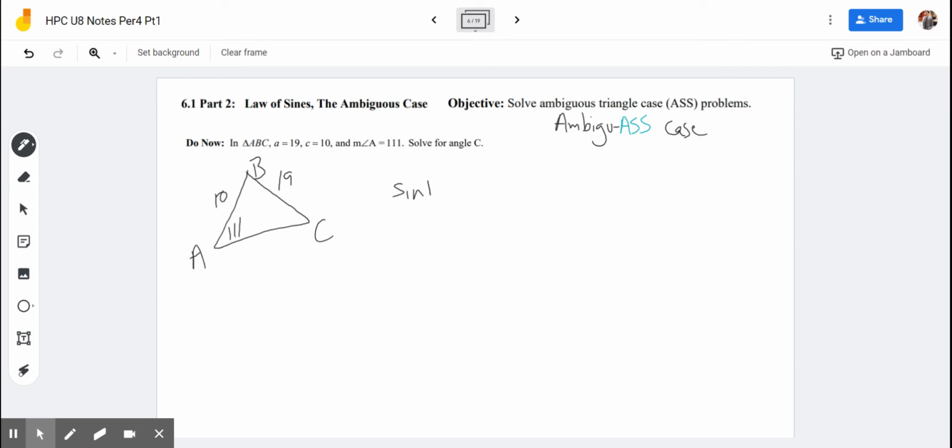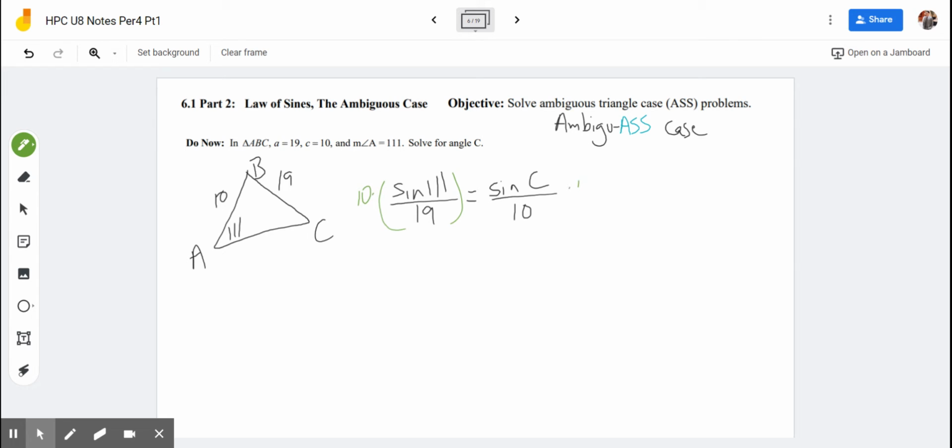If you're looking at it, you're like, well, it doesn't look that much different. Sine of 111 over 19 equals sine of C over 10. So what'll happen here is we can essentially just multiply both sides times 10.